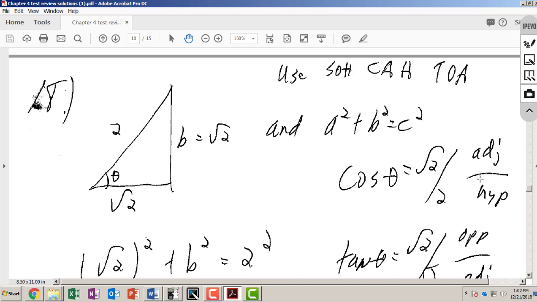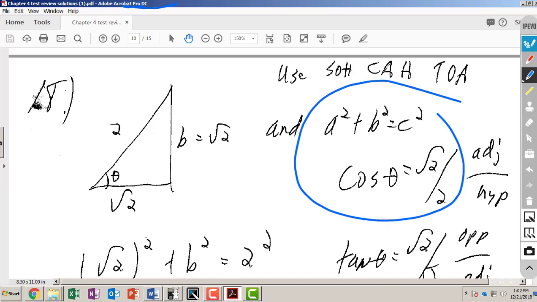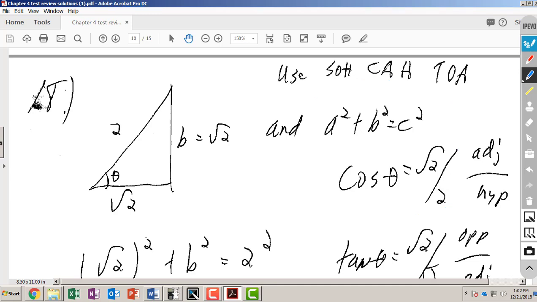It says that cosine of theta is equal to the square root of 2 over 2. So since the cosine of theta equals the square root of 2 over 2, I'm following my acronym, CAH. So that means that off of theta, this is going to be my adjacent, which is the square root of 2. And then this is my hypotenuse, which is 2.